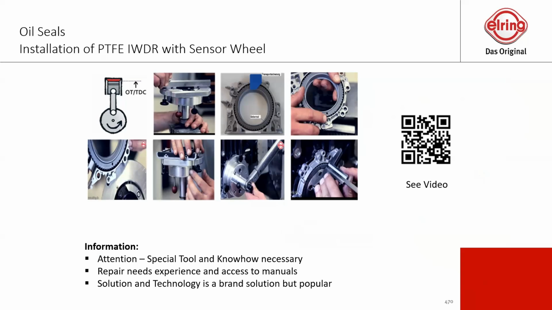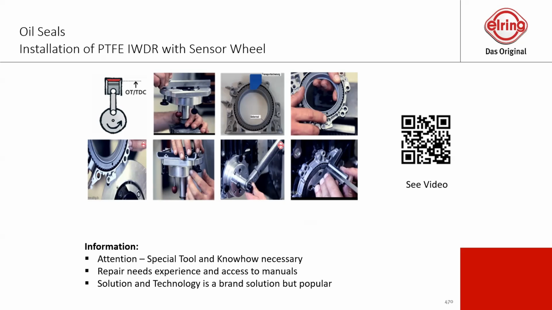Nowadays they are no longer so expensive as they were some years ago. I think nowadays this is no longer so special, but the combination of special tool and PTFE material is still the reason why one of these rings is claim number 1 in our company, though it's more or less 99% rejected, because there are problems with the guys in the workshop. They don't know how to install it.